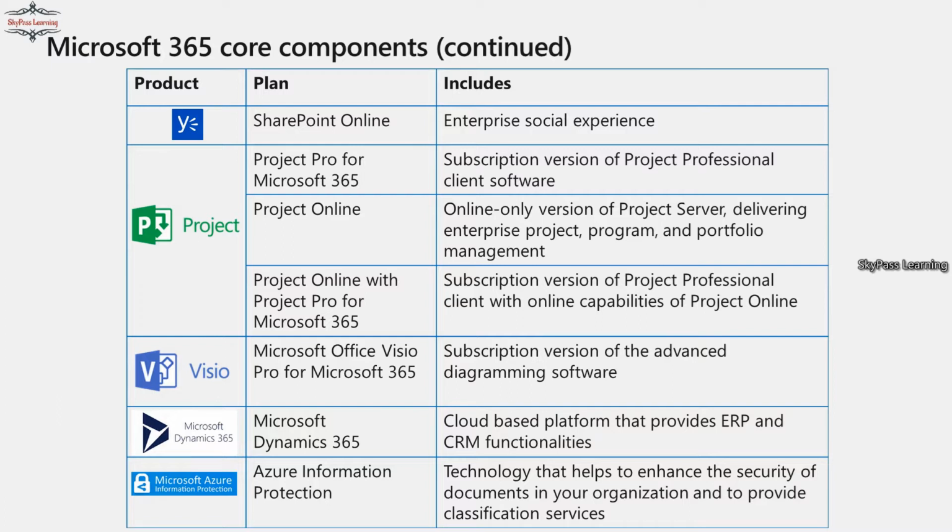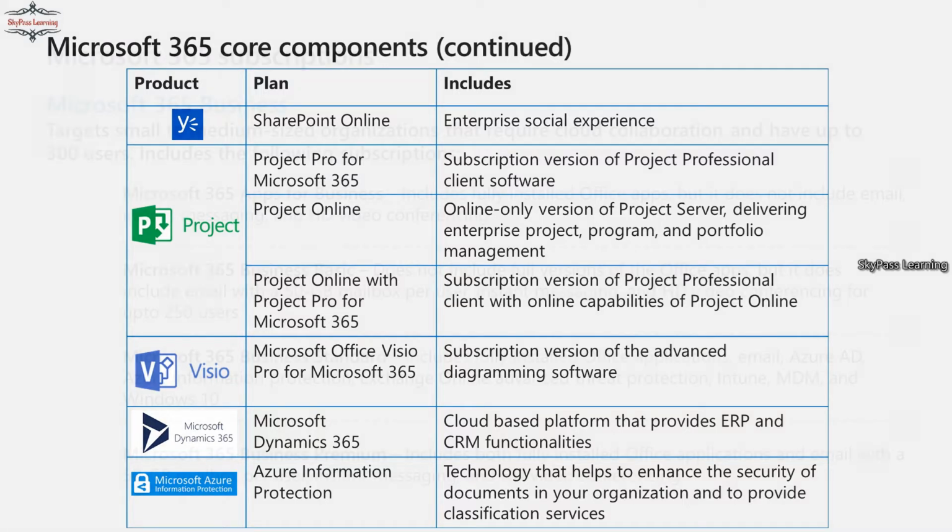We have Dynamics 365 available, where we can get CRM and ERP functionalities over the cloud, and Microsoft Azure Information Protection, which is enhanced security functionality that you will get as a service. I will show you all the components and how the plans differ from each other in this video. Let me quickly go through a couple of subscription models.